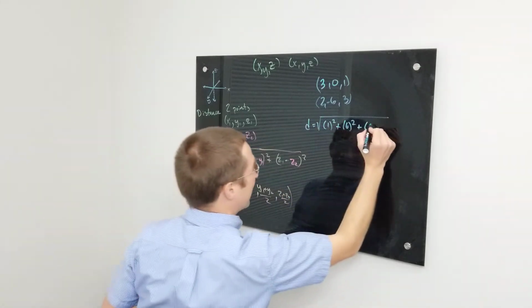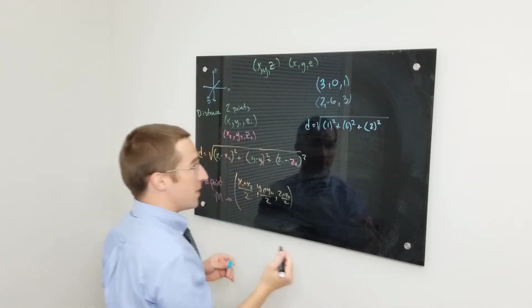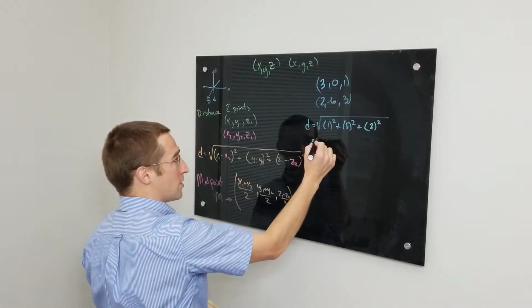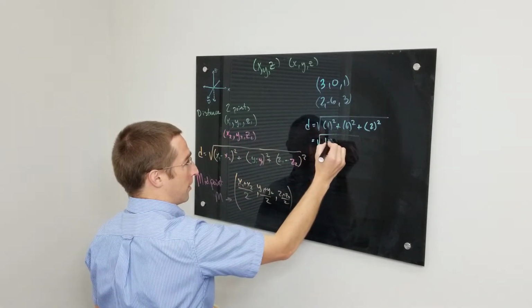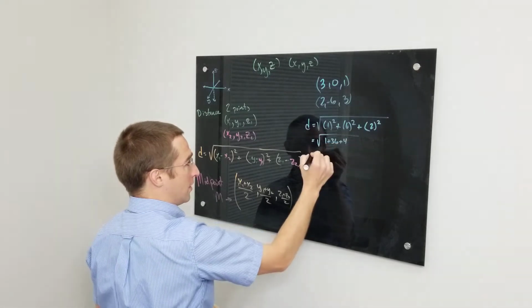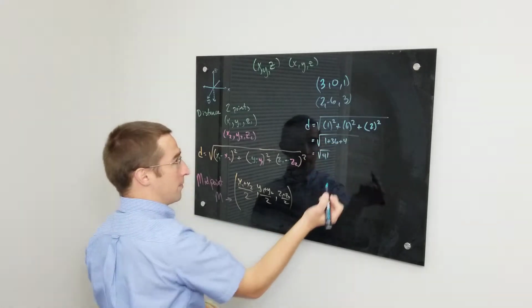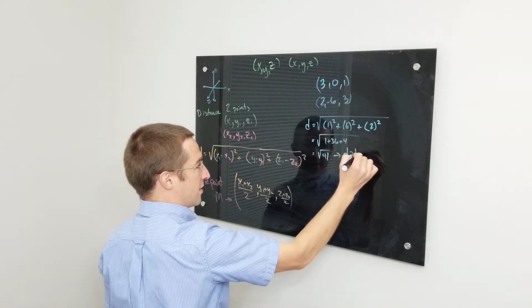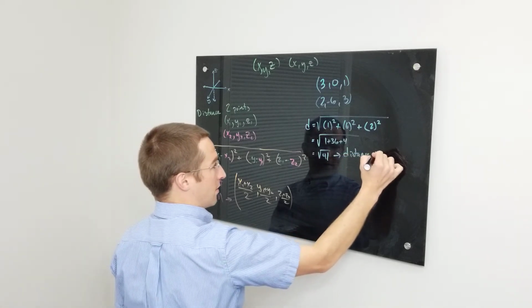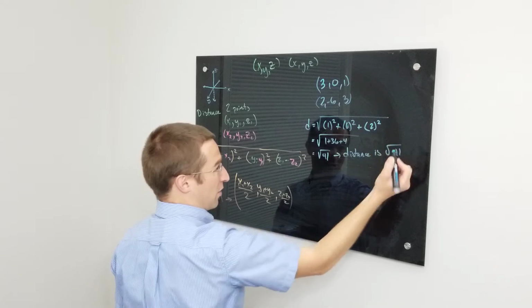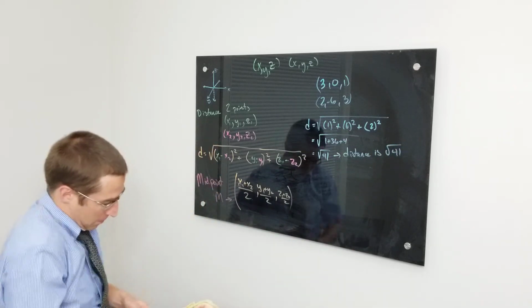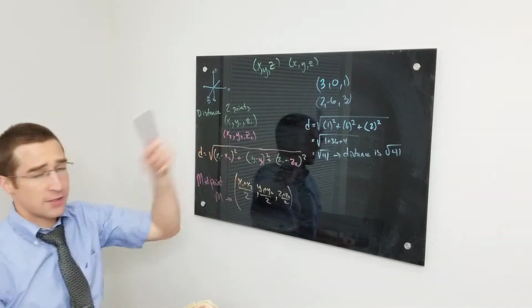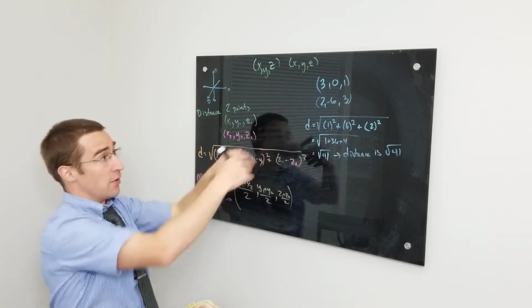Because I'm squaring it, I can ignore the negative and say 2 squared. So here, it's just 1 plus 36 plus 4, which is the square root of 41. So that's our distance, the square root of 41.